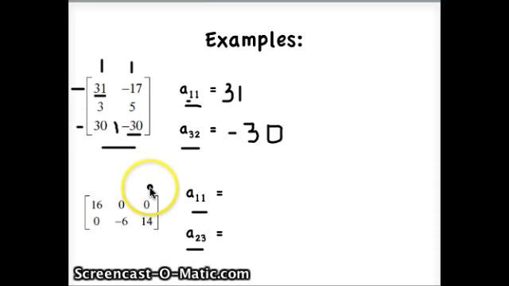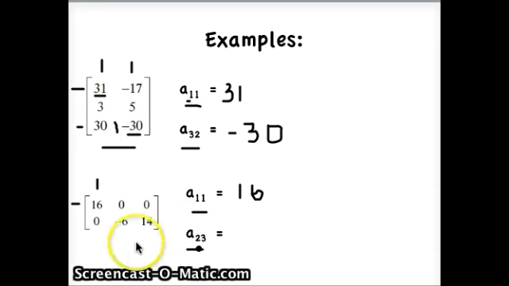Okay, let's continue on to the next one. We'll see that in the next one, because the A11 for this matrix would be the first row, first column. For this one, it's 16. So A11 is the same entry but a different matrix, so it makes it a different number.